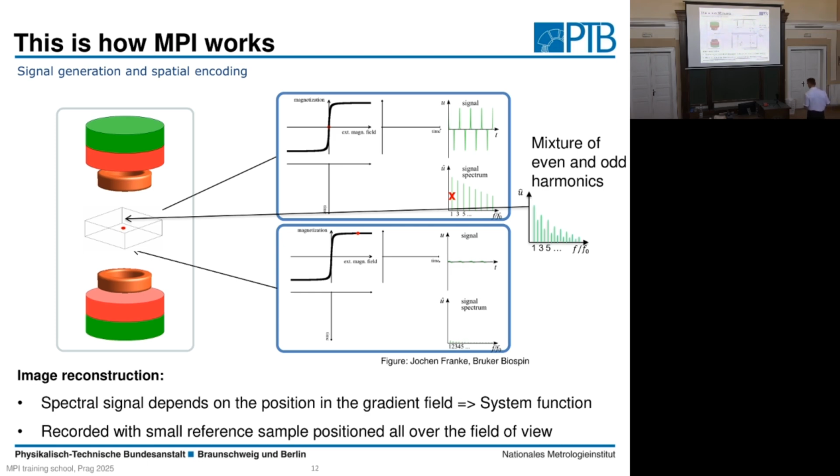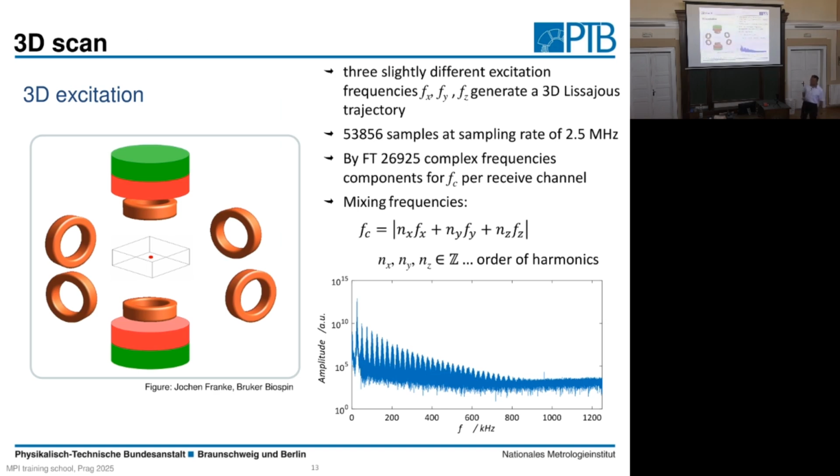And they are stored in the system functions, and by this system function and this ratio between the even and the odd harmonics, we are able to reconstruct the position from where the signal of the nanoparticles was coming.